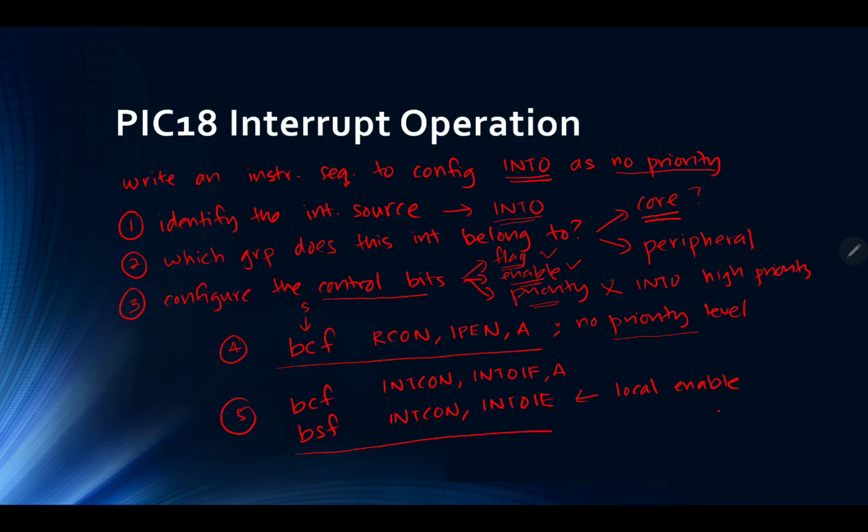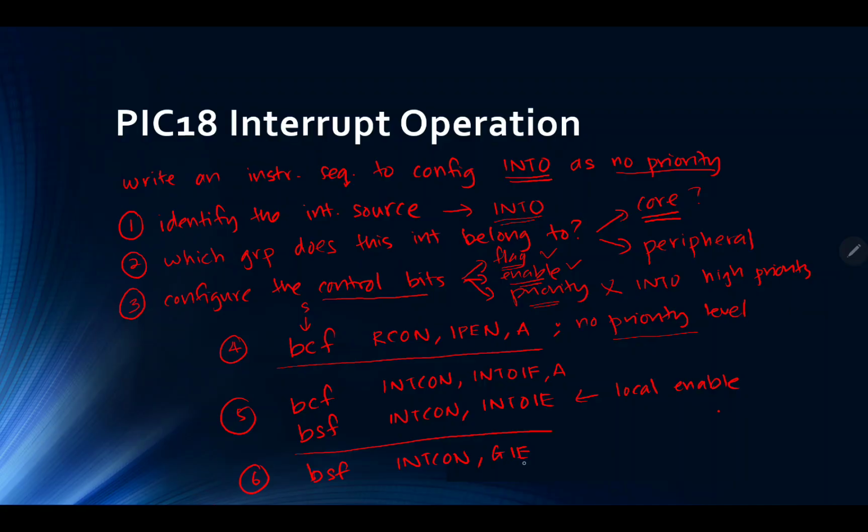So here, step number 6, bit set F, this is also under INTCON. This is GIE, the global interrupt enable bit. You can write GIE or GIEH.